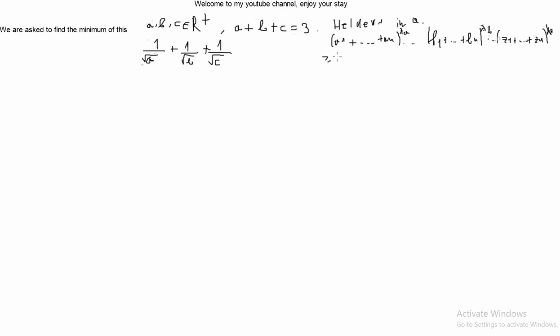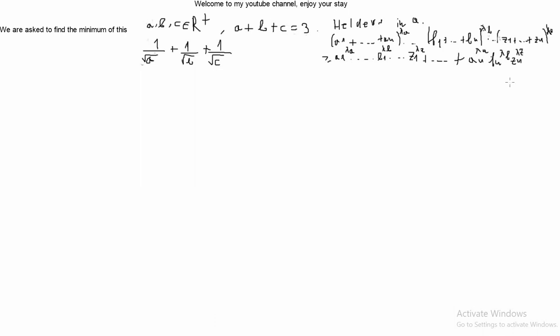So let me write it here: a1 to the lambda a, b1 to the lambda b, up to z1 to the lambda z, plus up to an to the lambda a, bn to the lambda b and zn to the lambda z.